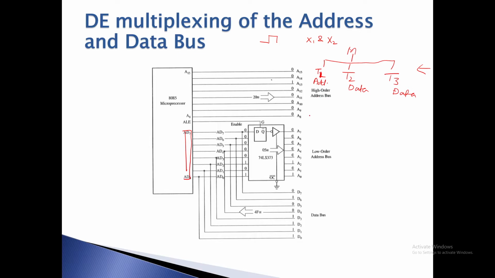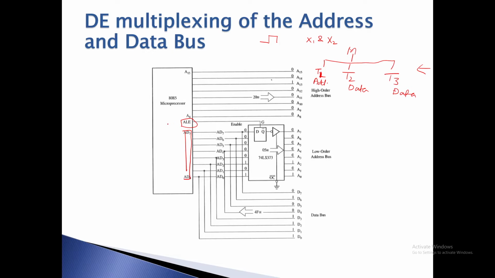But for some operations, we need the address to appear in machine cycle 2 and machine cycle 3. For that, they have provided us an Address Latch Enable pin.